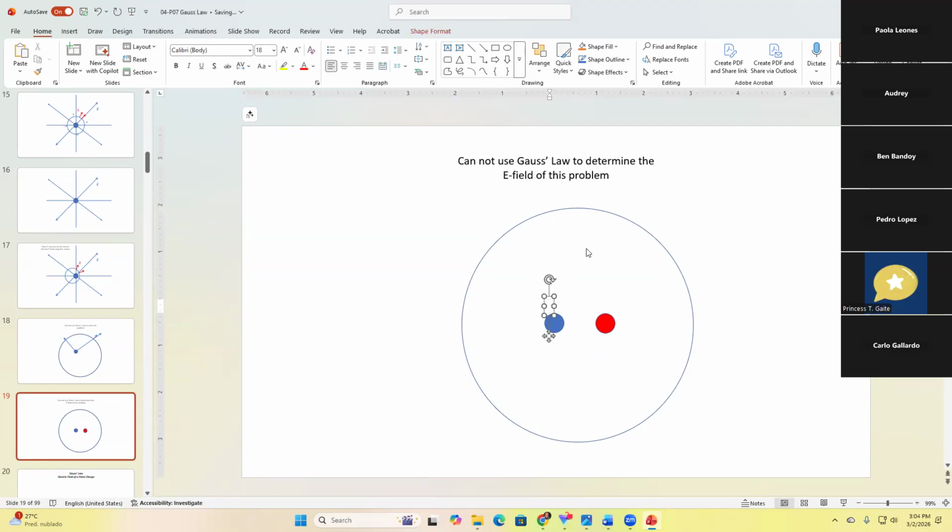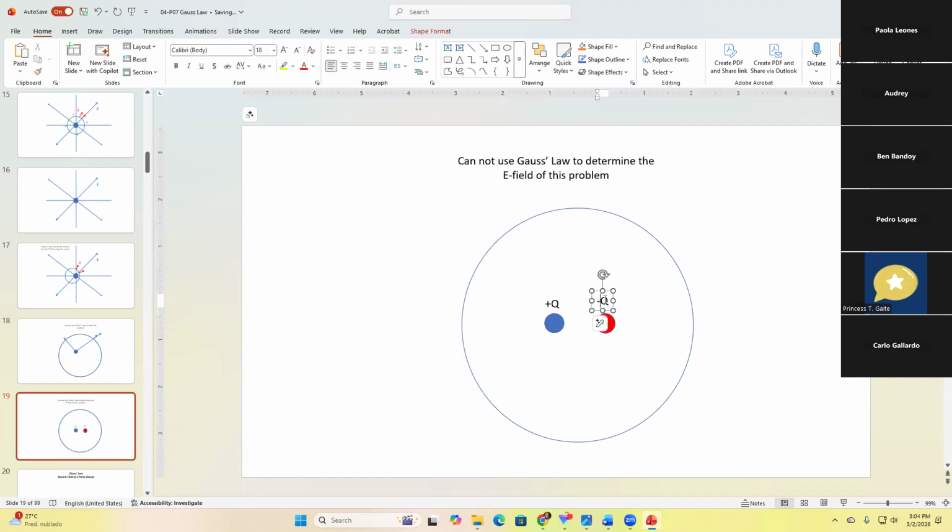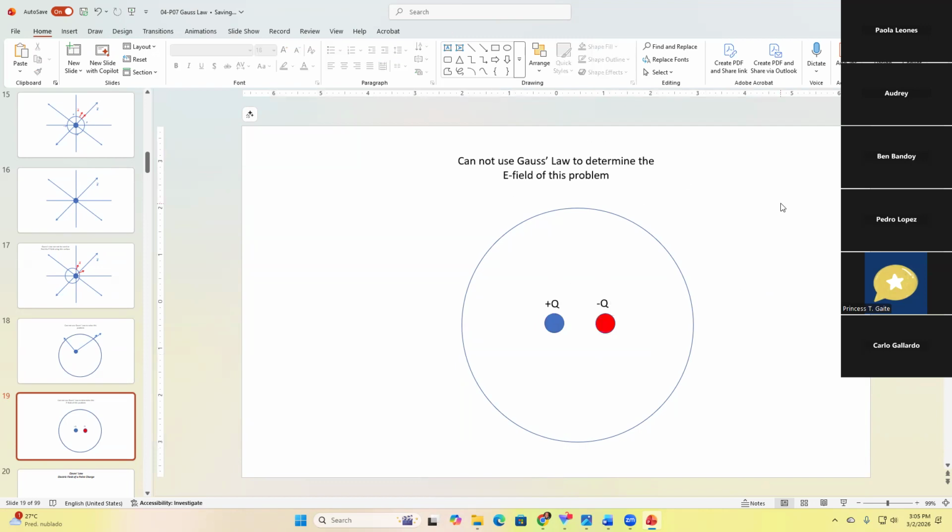Let's see here. Let's say this is plus Q, and this one is minus Q, like that. In this specific case, the electric flux through this closed surface is going to be zero, right?